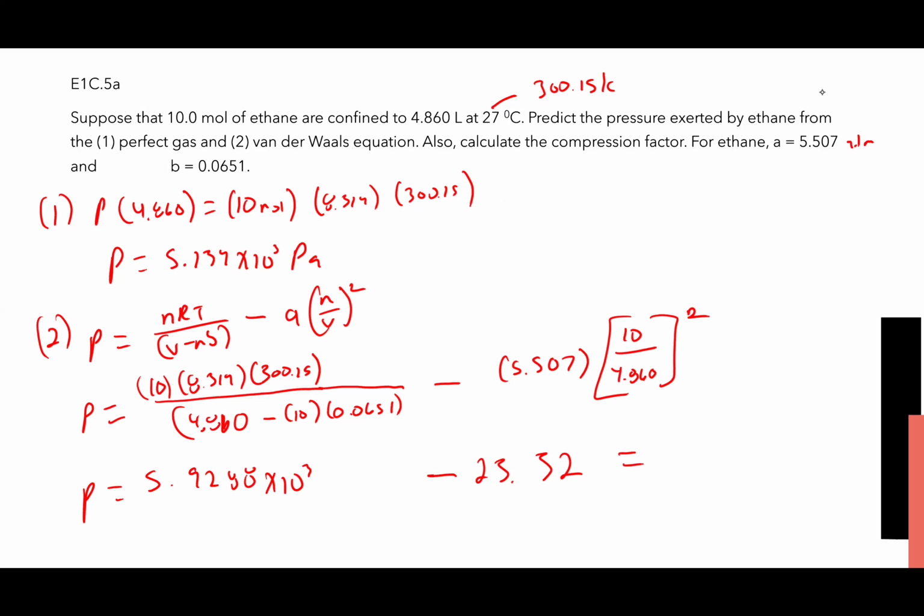If I take that number minus 23.32, the final pressure is going to be 5.905 times 10 to the third pascals. That's our real pressure, if you would call it that. I don't think I have room for it.